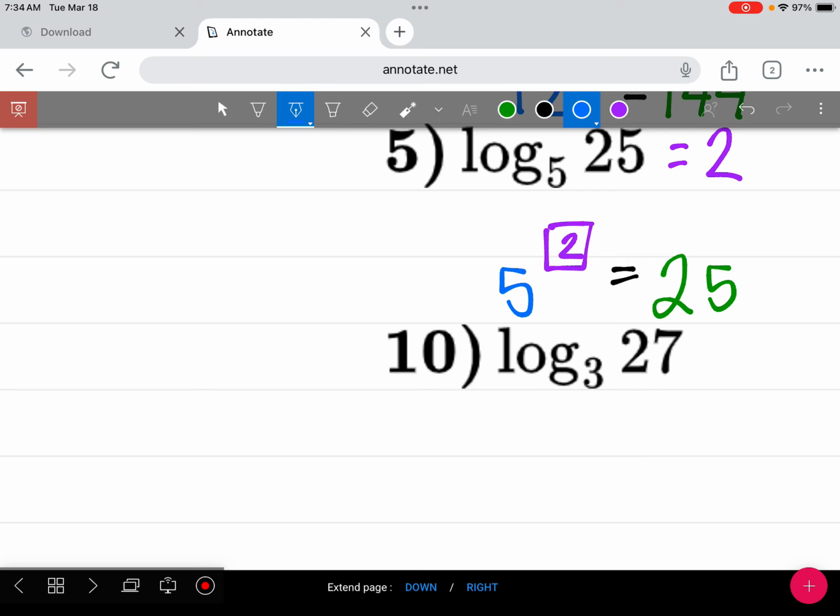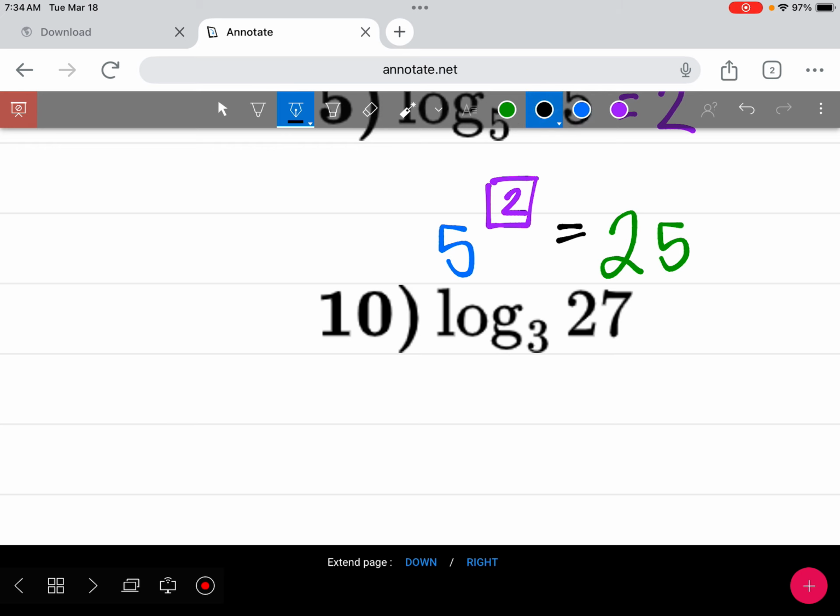All right, one more like this, then we'll look at 6, and then we'll look at those problems at the bottom. So 10, very, very similar. We have log base 3 of 27. How are we going to figure out the answer on this? Base of 3.